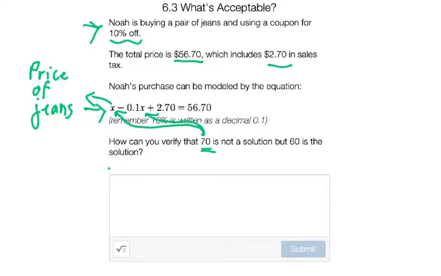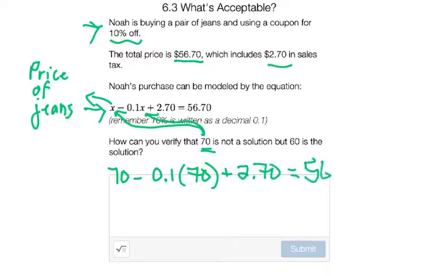So I'm going to go 70 minus 0.1 times 70 plus $2.70. And they're telling me that that is not going to equal $56.70. So let's do the math.